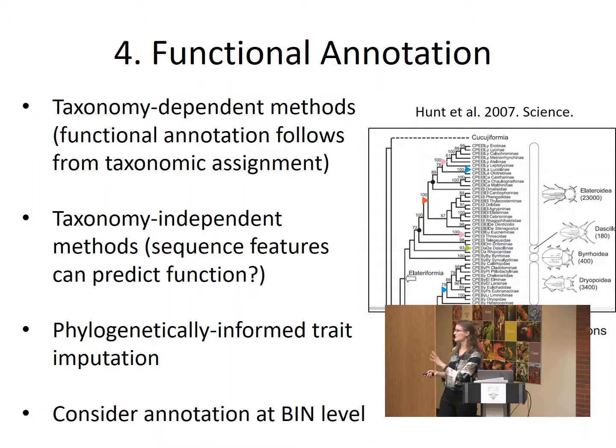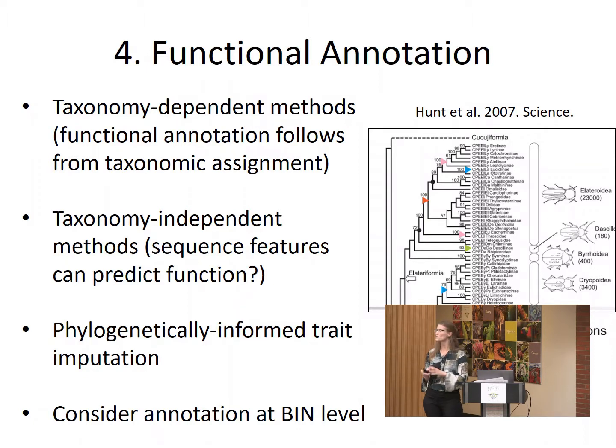And I think that this is promising, at least for high-level functional traits, because some traits, such as predaceous versus herbivorous lifestyle, don't vary willy-nilly on the tips of a phylogenetic tree. They tend to be conserved. So for example, sometimes an entire family or subfamily of insects might share the same trait, such as a predaceous feeding mode.